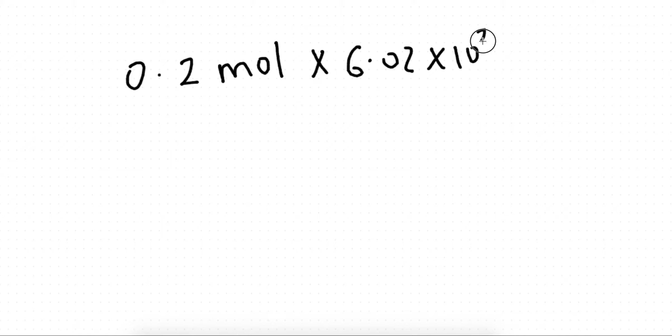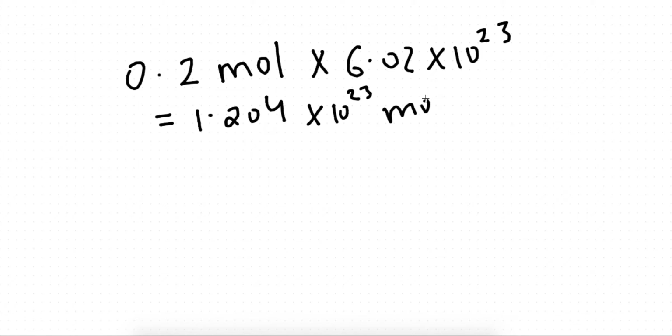We have the number of moles, which is 0.2. To find the number of molecules, which is the number of particles, we multiply the number of moles by 6.02 times 10 to the power of 23. We get our final answer to be 1.204 times 10 to the power of 23 molecules.